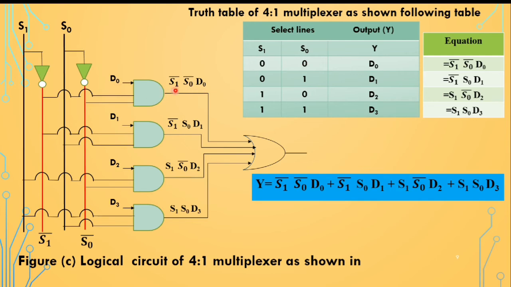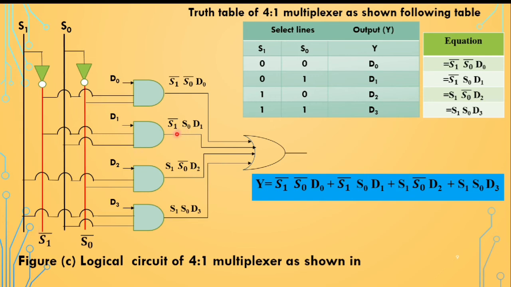For that purpose we connect the inputs of the AND gate to S1 bar and S0 bar, because this line is the S1 bar and this is the S0 bar, this line is the S0 and this is the S1.